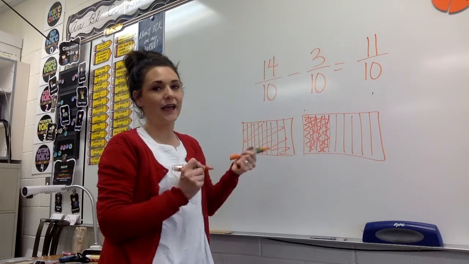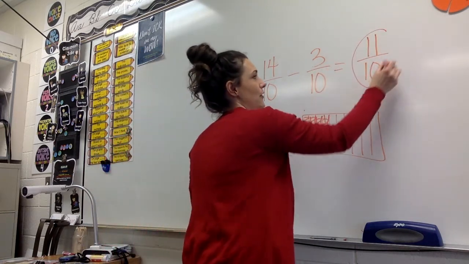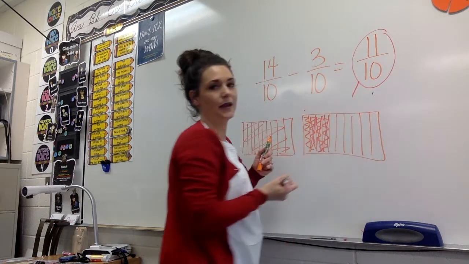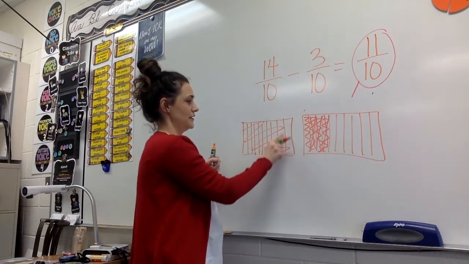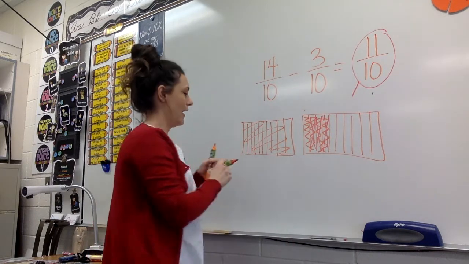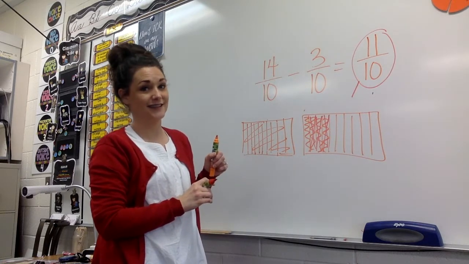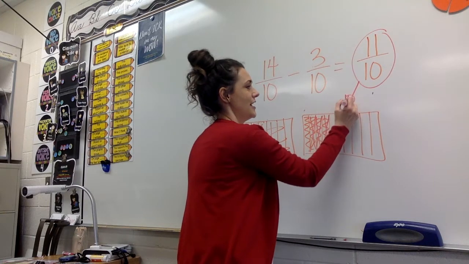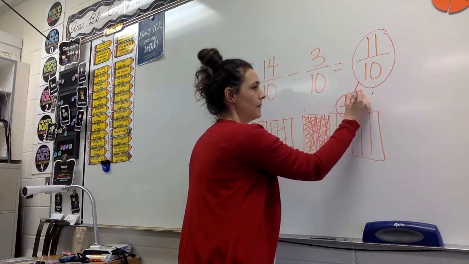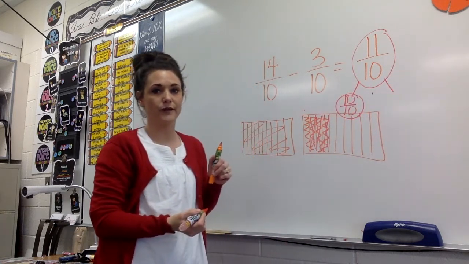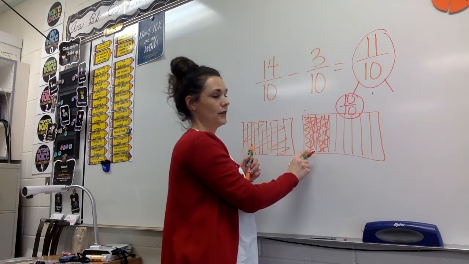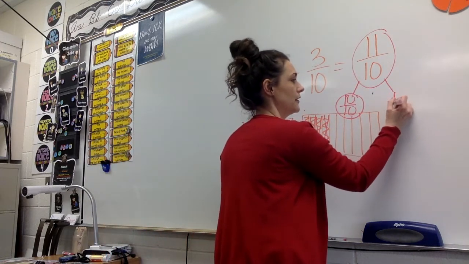Now, what if I represented that with a number bond? What would my number bond look like to represent this whole piece right here? I have 10 pieces and all 10 are there. 10/10, right? So 10/10 would be my whole. And what did I have left over? I had that one little 1/10 piece left over.